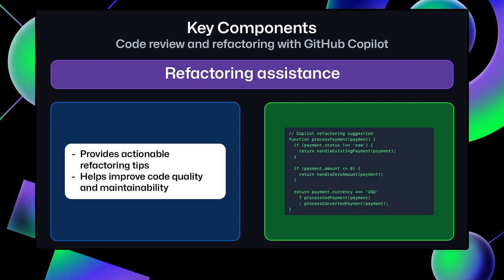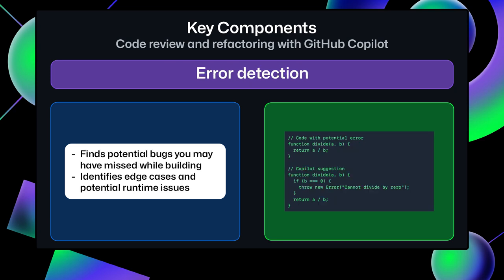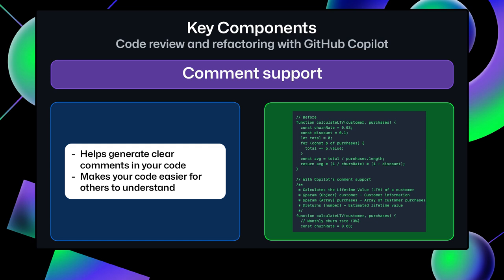Refactoring assistance. Whether it's simplifying complex functions or reorganizing your code base, Copilot provides actionable refactoring tips. Error detection. GitHub Copilot can spot potential bugs or inefficiencies that you might have missed while building. Comment support. Copilot can help generate clear comments in your code by making your code easier to understand for others.